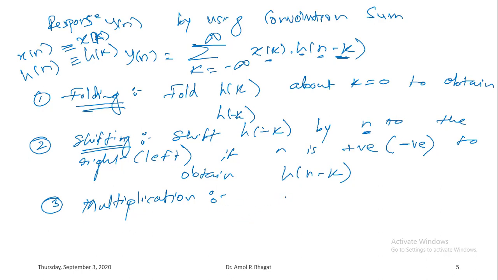So in multiplication you obtain h of n minus k. You already have x of k. x of k is nothing but your x of n, but this x of k will be multiplied with h of n minus k. That is the next step, multiplication. And the last step is summation. So the fourth step is summation.